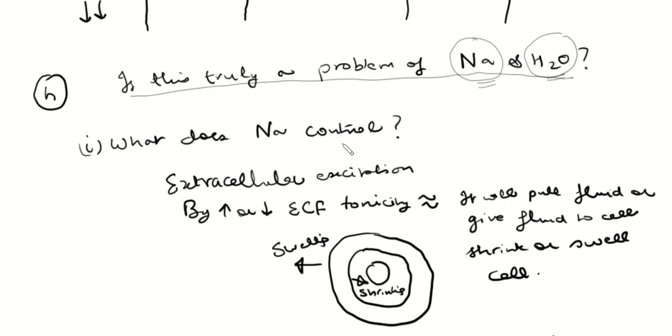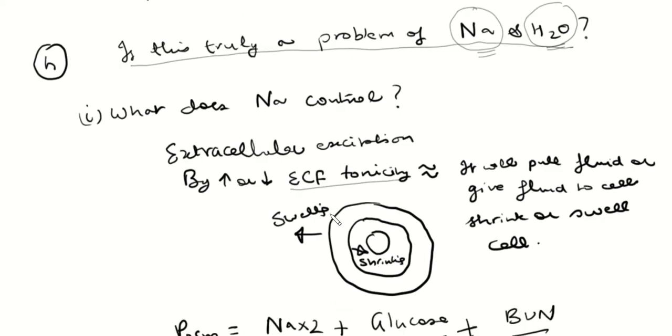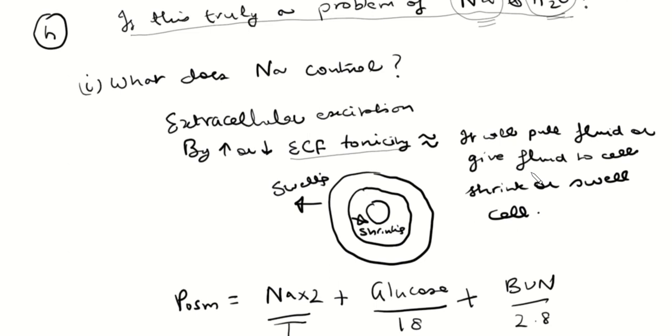So what does sodium control? The big thing it controls is extracellular excitation. That's a big term, but what does that mean? Essentially, by increasing and decreasing the tonicity of the extracellular fluid or extracellular space, it pulls fluid out of the cell or gives fluid to the cell.